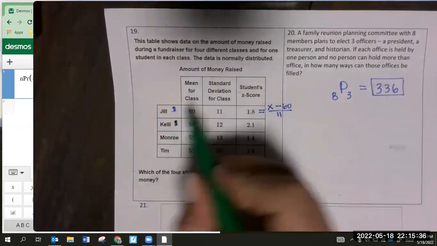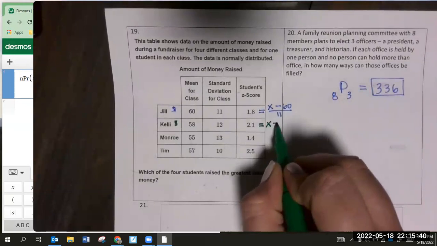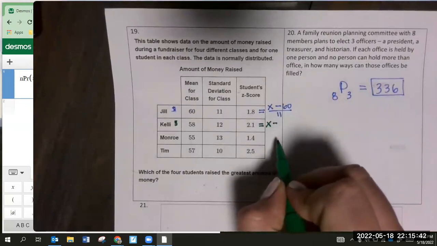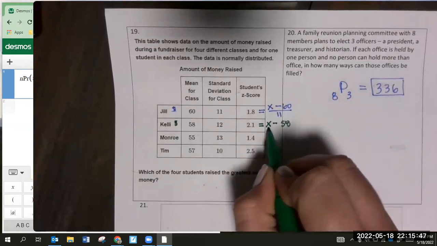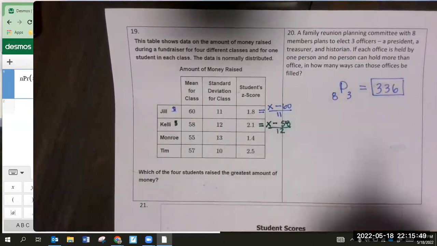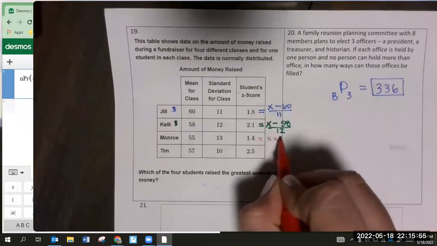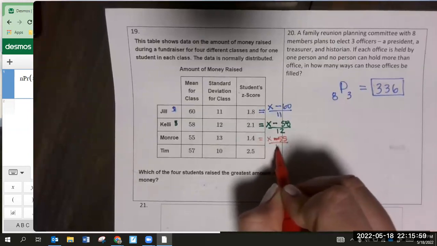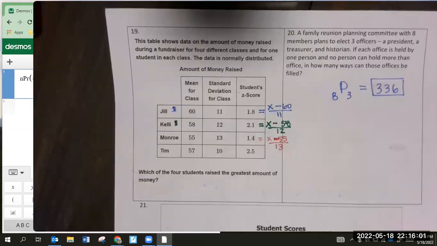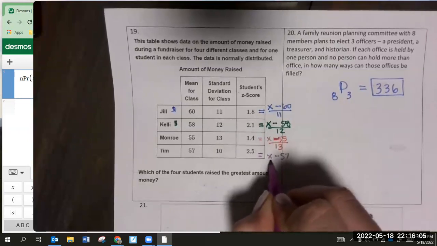Kelly's dollar amount is whatever her z-score is going to be the money she raised minus the mean for her class divided by the standard deviation. You get the picture. We're going to take each z-score and we're going to use our z-score formula to figure out what actually was the amount of money each of these students raised.